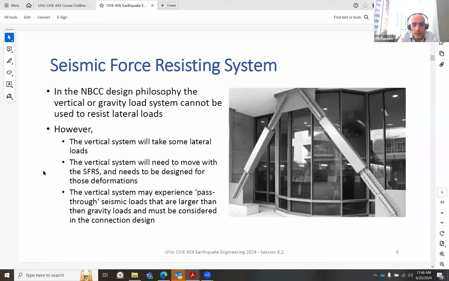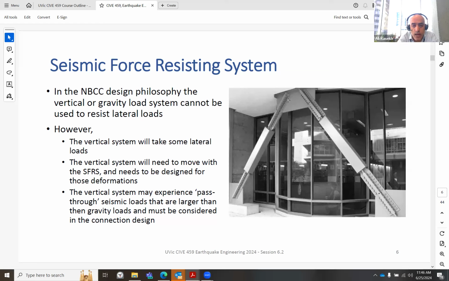Seismic force resisting system, again, typical braces for you. In the National Building Code of Canada design philosophy, the vertical or gravity load system cannot be used to resist lateral loads. So have it in mind that you really should design your lateral load resisting system separately. However, it practically takes some lateral load, and the vertical system will need to move.